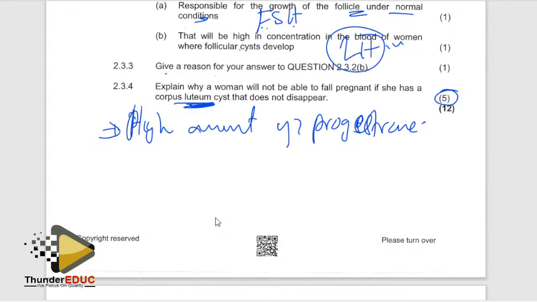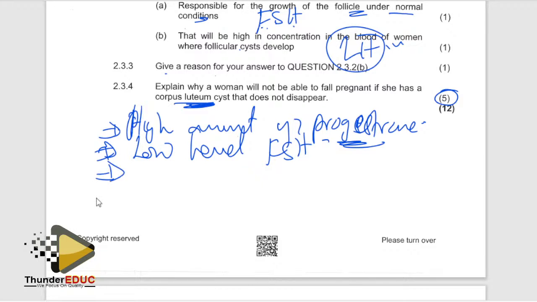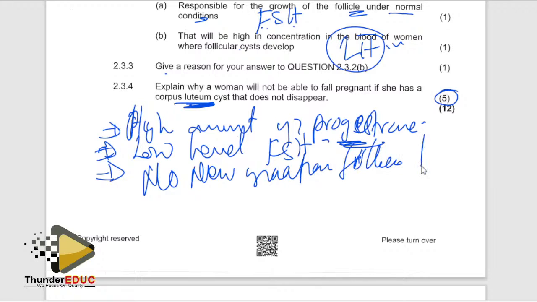The moment there is a high level of progesterone, there will be a low level of follicle stimulating hormone. And the moment follicle stimulating hormone is low, there will be no new Graafian follicle developed.